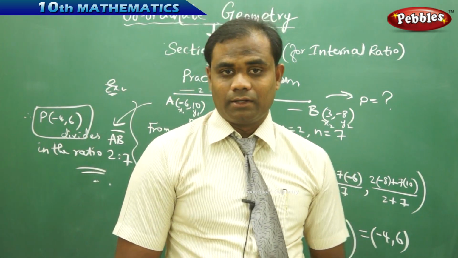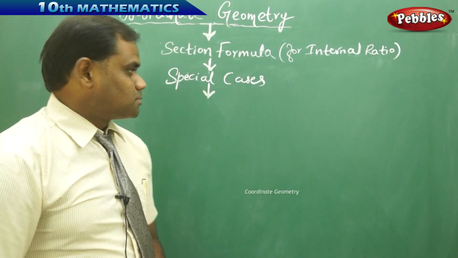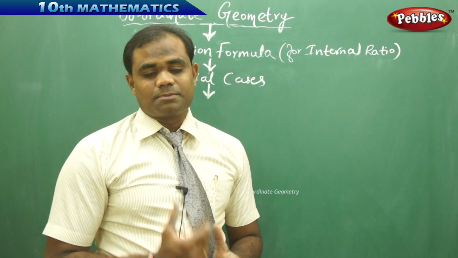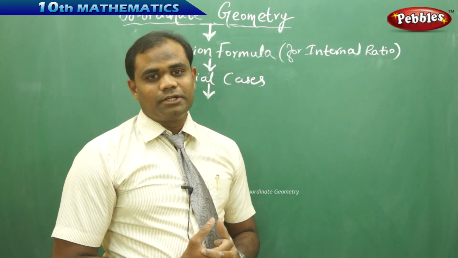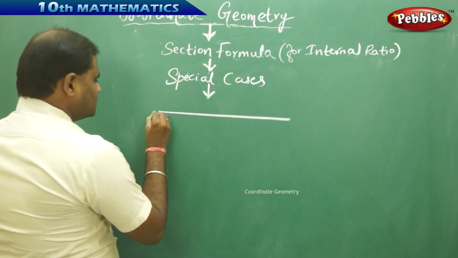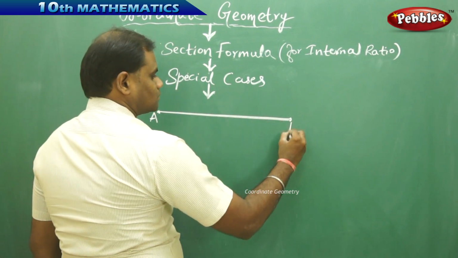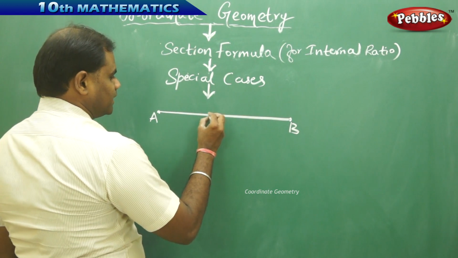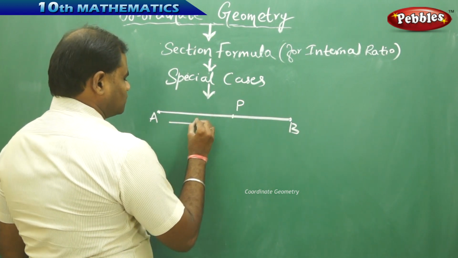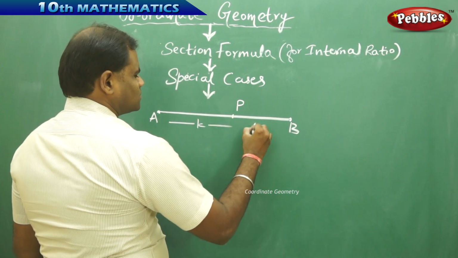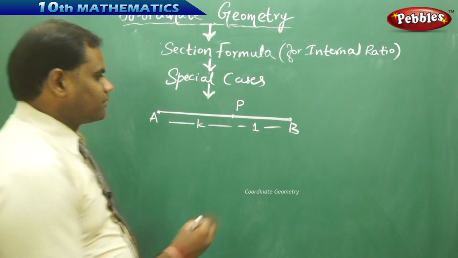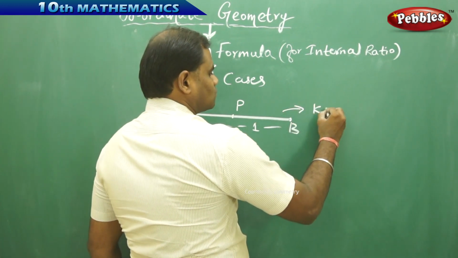Now let's take the special cases where P divides AB in special ratios. To start with, say I have the line AB for which P divides AB internally in the ratio k is to 1.